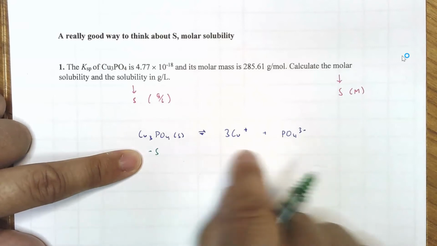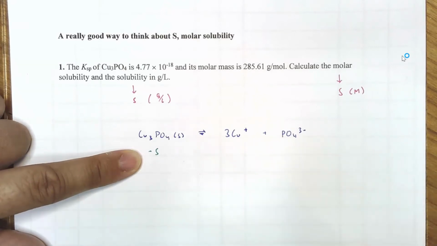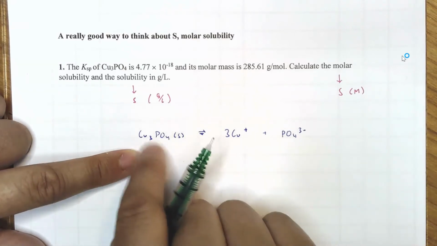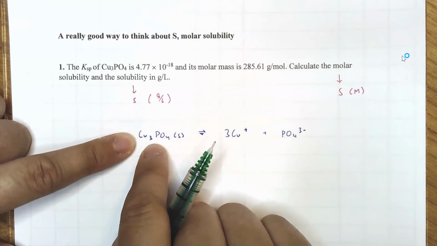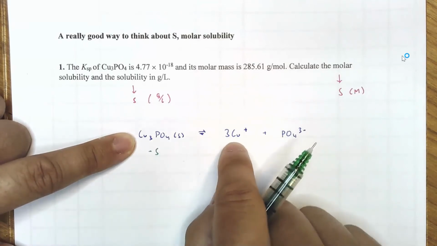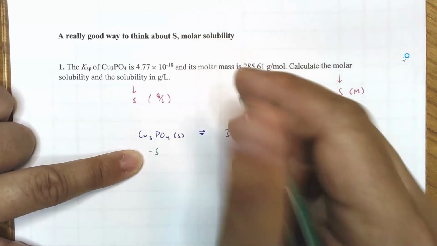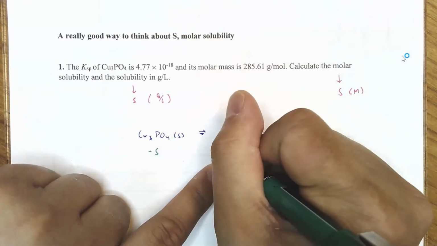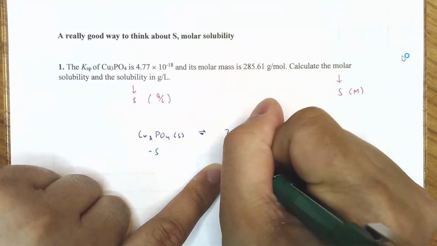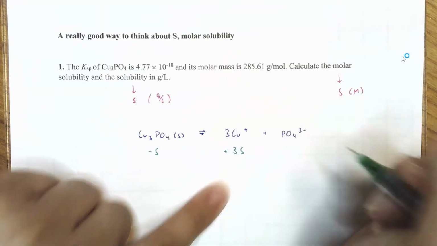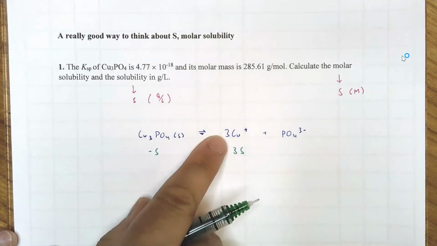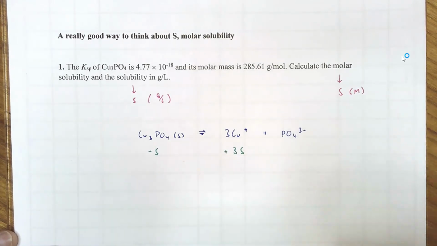But what about the ion amounts? If 1 molecule of copper 1 phosphate gives me 3 copper ions, then if I lose 0.8 molar, I will gain 3 times 0.8 molar. So we're just carrying the coefficient, and we're putting a plus sign there.